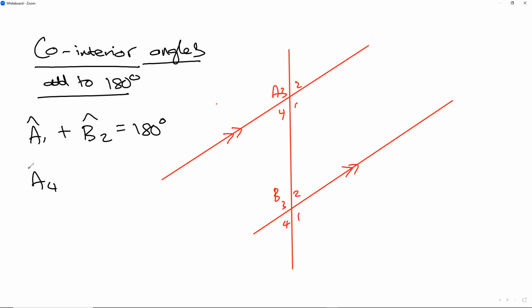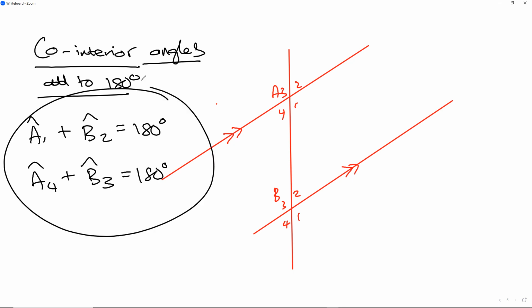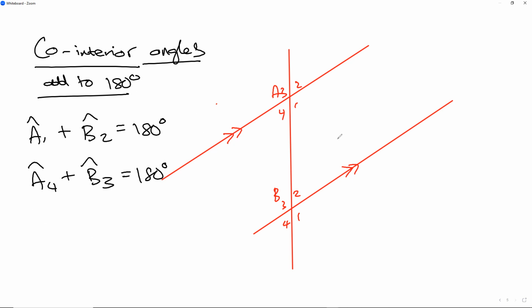And A4 plus B3 equals 180 degrees, and that's how you write those two angles over there. So it'll be that angle and that one, this one and that one, and they add up to 180 degrees. Co-interior angles.